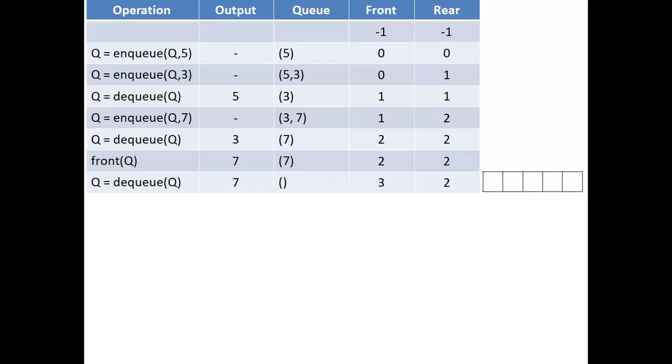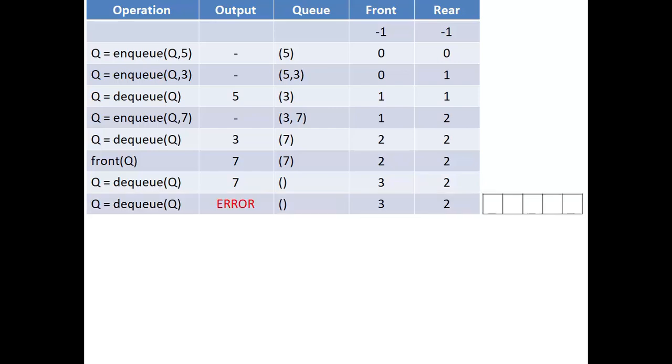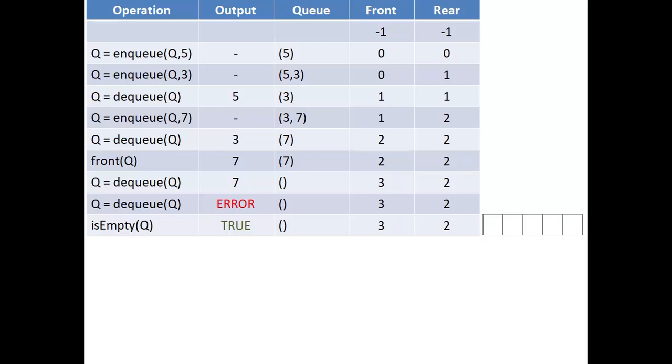And with the DQ operation, the value of the front pointer becomes greater than the rear pointer, which again signifies that the queue is underflowing. Therefore, one more execution of the DQ operation will generate an error. Also, the isEmpty operation will return true as the queue is empty at this moment of time.